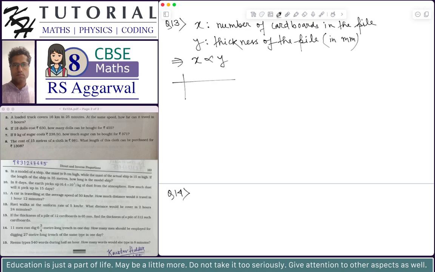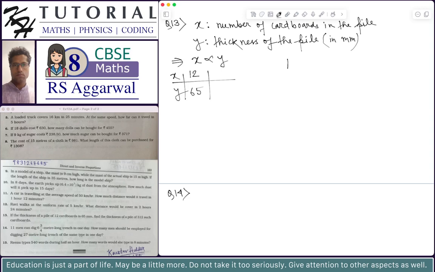Now if we create the table X, Y, it is given that the thickness of a pile of 12 cardboards is 65 millimeter. So we have 12 for X and 65 for Y. Now it is asking to find the thickness of the pile of 312 such cardboards.